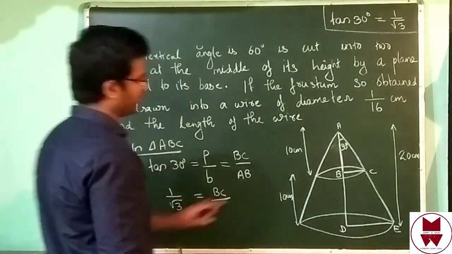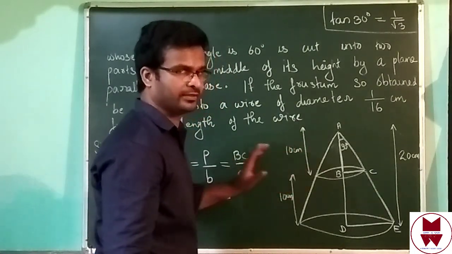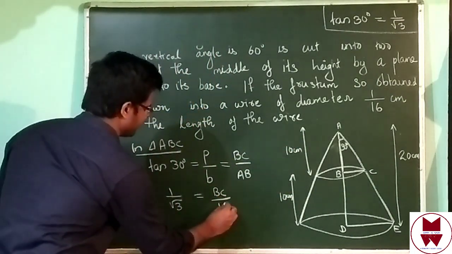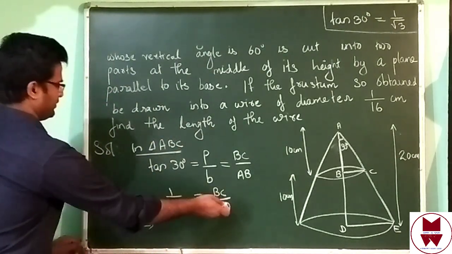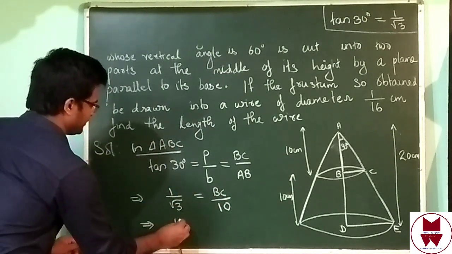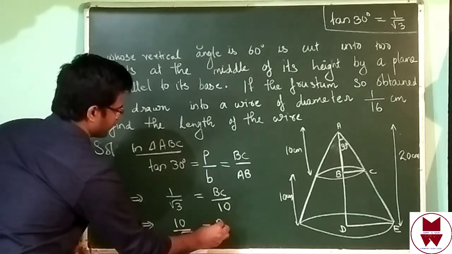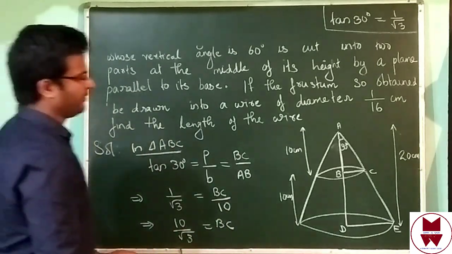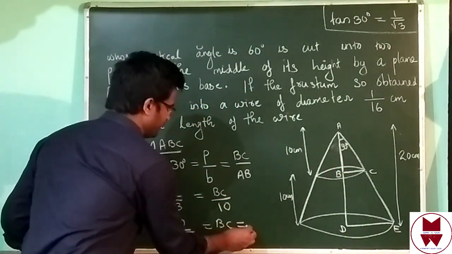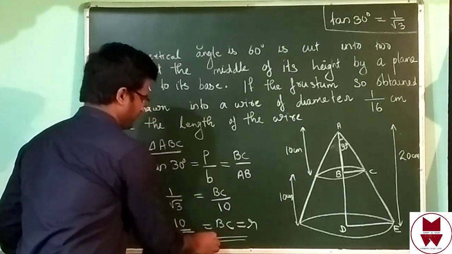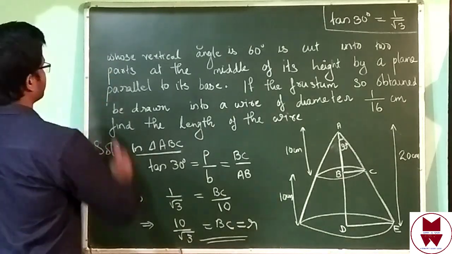AB we already wrote as 10 centimeter. Then 10 brought to the left side, 10 divided by root 3 equal to BC. BC means radius only, so we give small letter r. Small r equal to 10 by root 3.